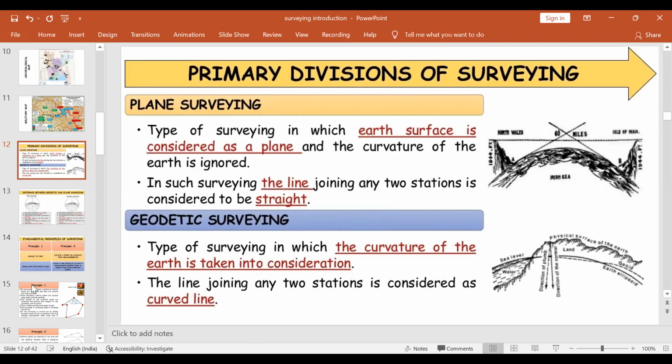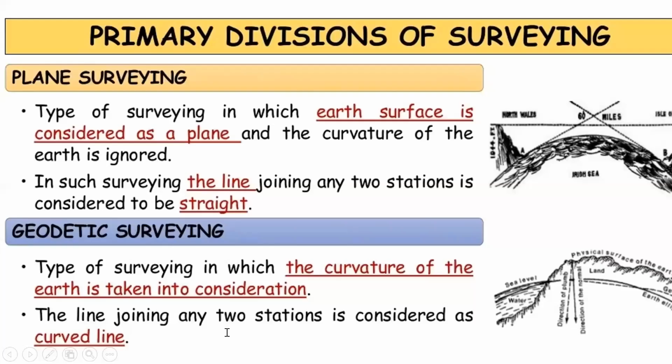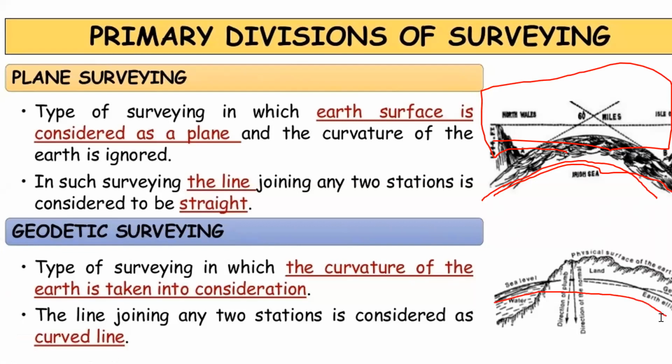Whatever line we draw here will be taken as a straight line, with no consideration of Earth's curvature. Whereas in geodetic surveying, the curvature of the Earth will also be taken into consideration, and we will measure the inclined length as well. So we need to know where we put plane surveying into action and where geodetic surveying.